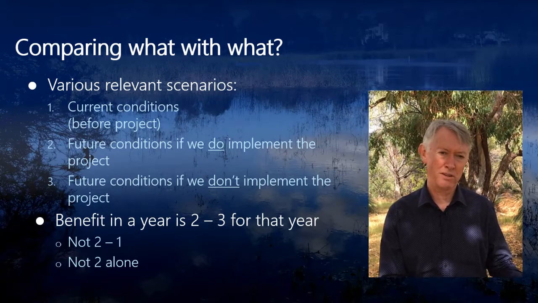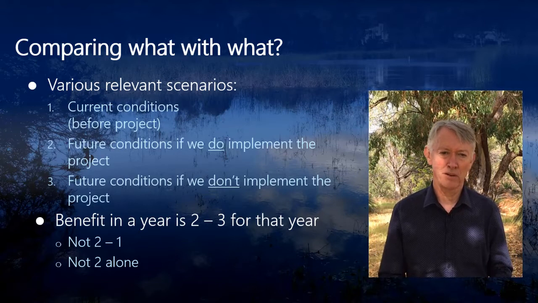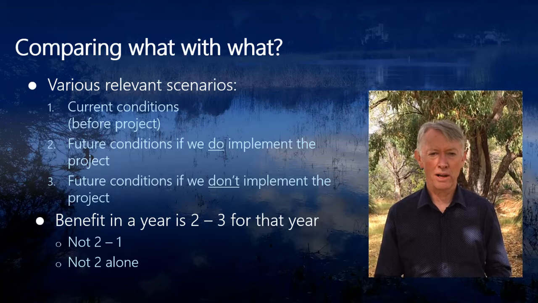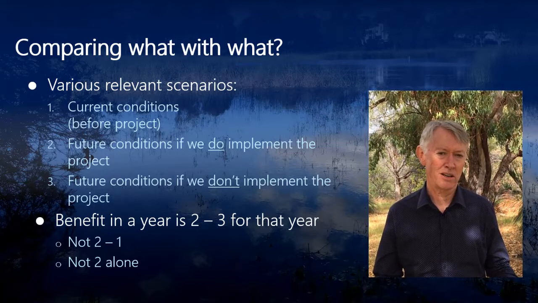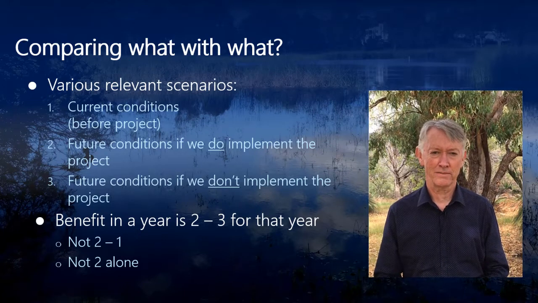Before the project is really completely irrelevant by the time we get to measuring benefits at some future time. It's also not sufficient just to measure the benefits with the project and ignore a comparison with any other baseline. A benefit cost analysis always has to be done relative to a baseline, and the baseline is always what would have happened without the project.